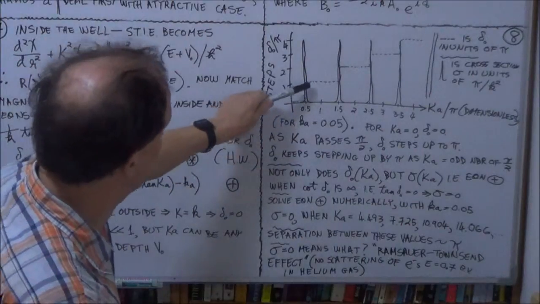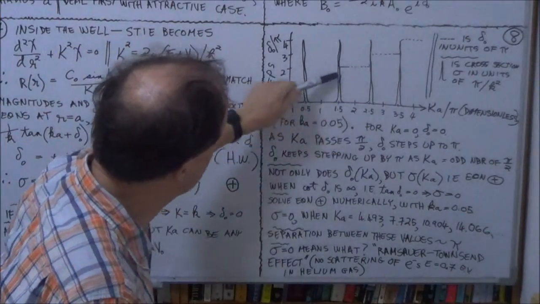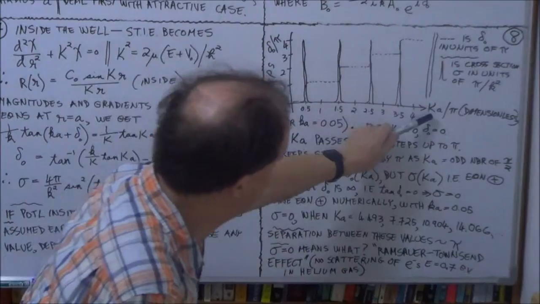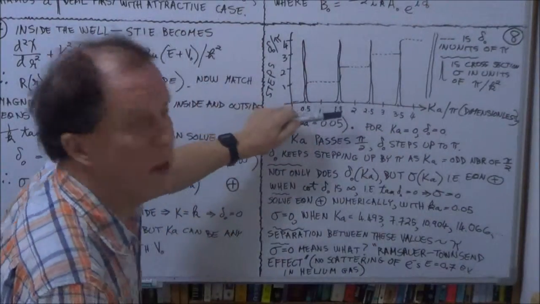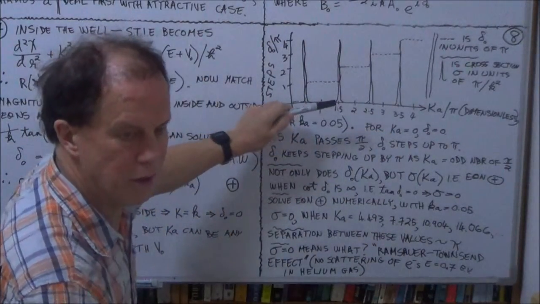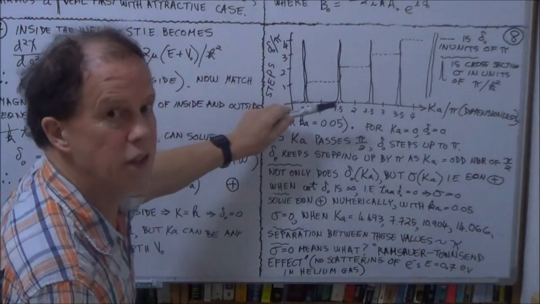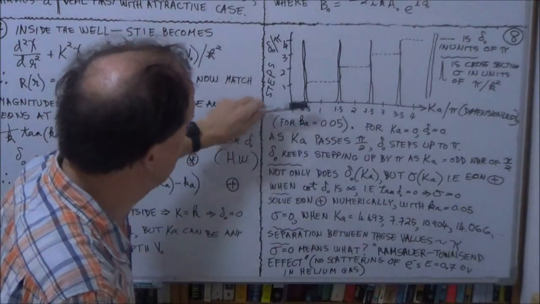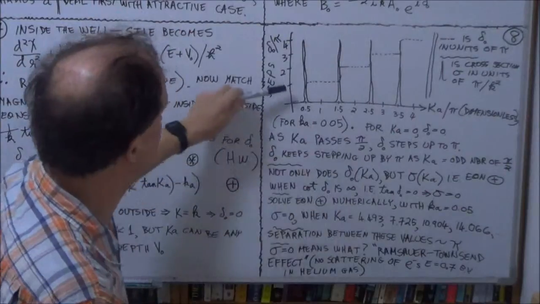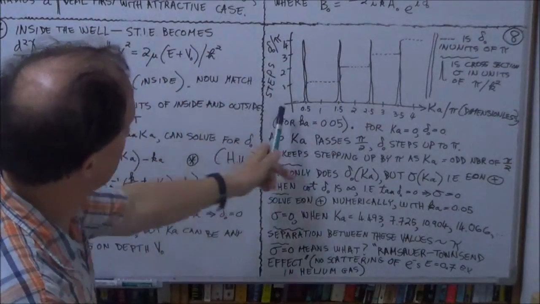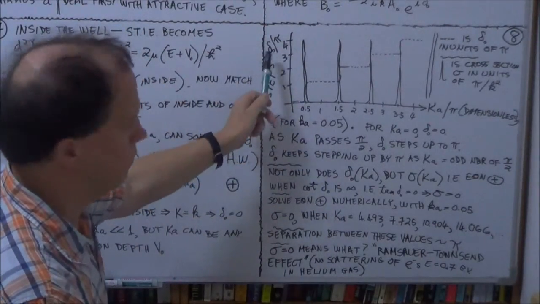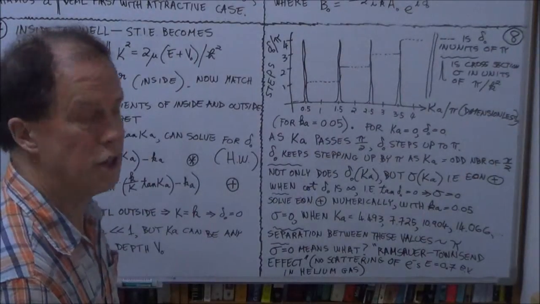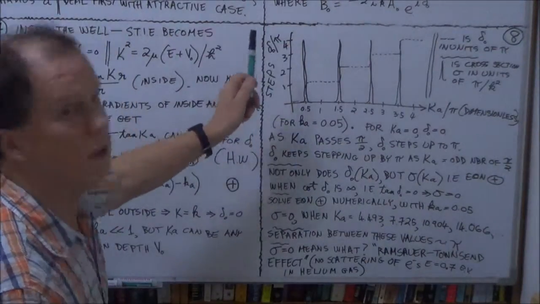So this dotted line here jumps when big Ka becomes an extra odd integer number of pi over 2. It'll jump up by 1 unit. Along this axis is the value of your delta naught, your phase change, delta naught divided by pi.